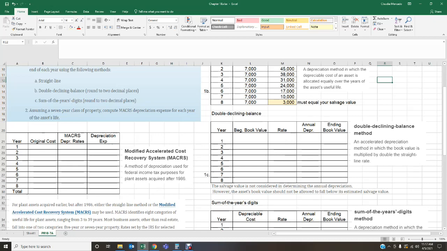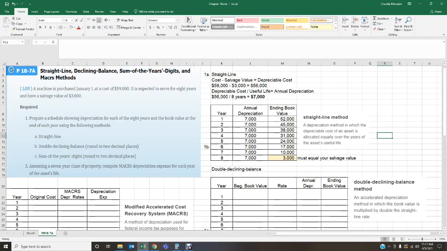That's very important. However, the asset's book value should not be allowed to fall below its estimated salvage value. So that means when you're depreciating, you need to stop depreciating at the salvage value level. Once you reach that salvage value of $3,000 in this particular case, you no longer depreciate. Okay, so that's how this particular double declining balance works.